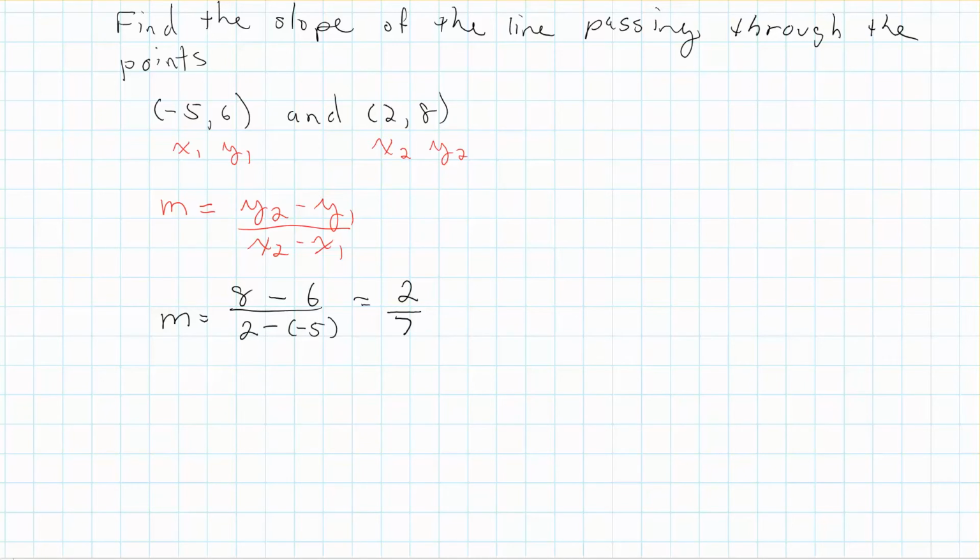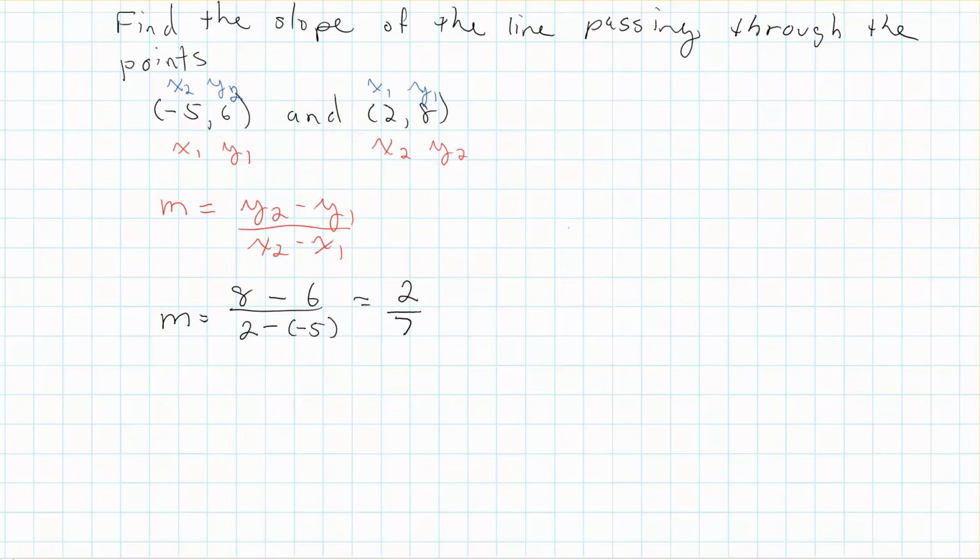Now, one thing I want to point out, it doesn't matter which point is point 1 and which point is point 2 as long as you keep things consistent. And to illustrate that, let's just redo this one real quickly, but label in blue 2, 8 being x1 and y1 and negative 5, 6 being x2 and y2.